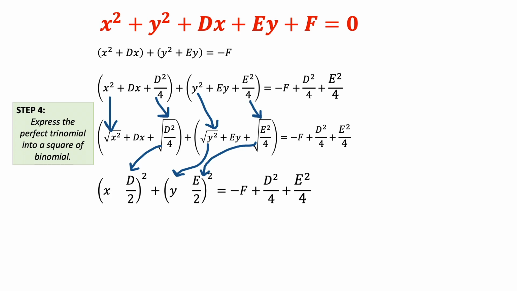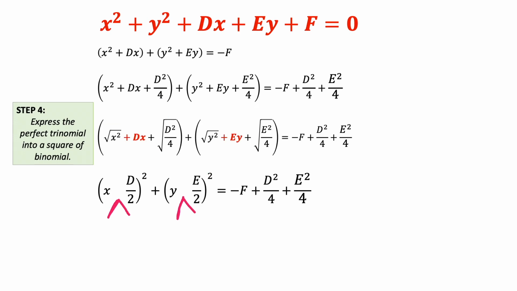I know that the operation in the square of binomial depends on the operation between ax squared and bx. Since both dx and ey are positive, the operations between x and d over 2 and y and e over 2 are both addition.